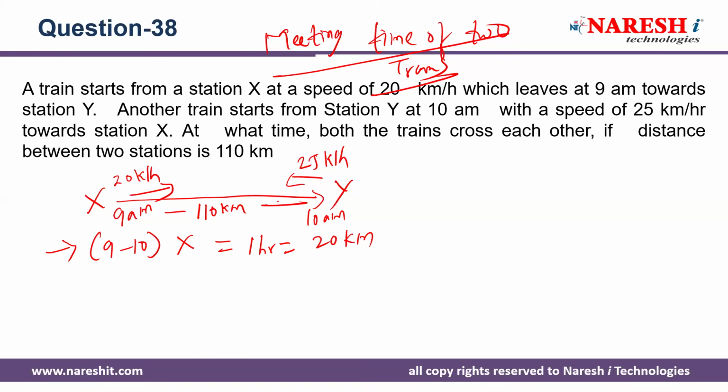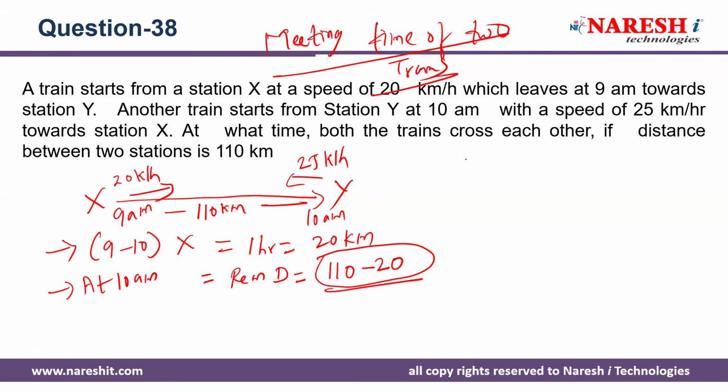At 10 a.m., the remaining distance will be 110 minus 20. What is the time formula? Time is nothing but distance upon speed.